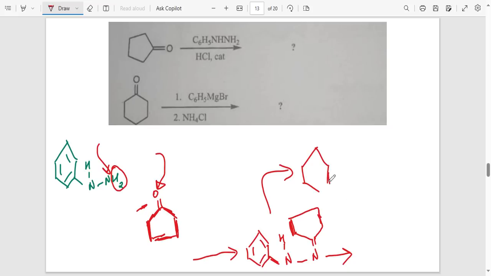There's no need of a mechanism here. You just want to derive the product. So I'm just showing one intermediate that will help you to reach the product. There's no need of a mechanism. It's actually more complex than this.